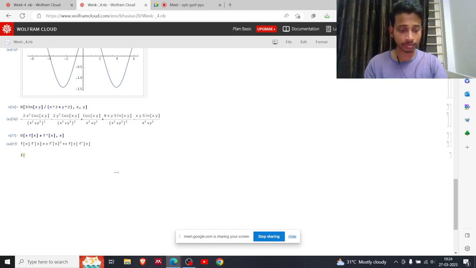Now let's define a function f x: x cube plus 3 x square minus 3 x minus 1.